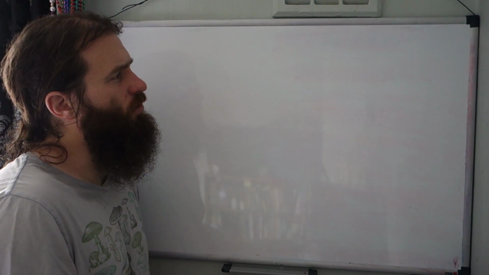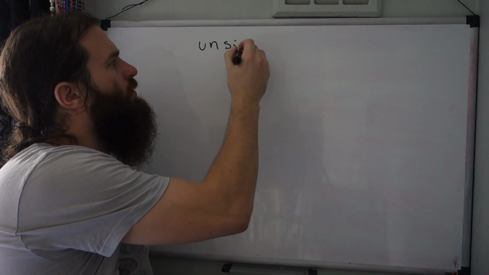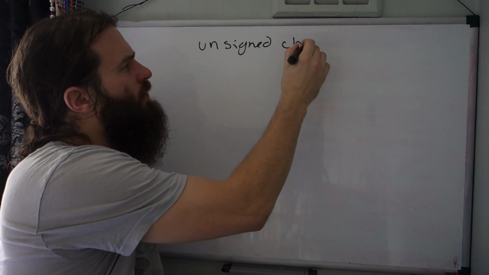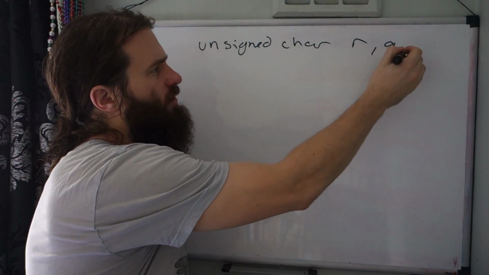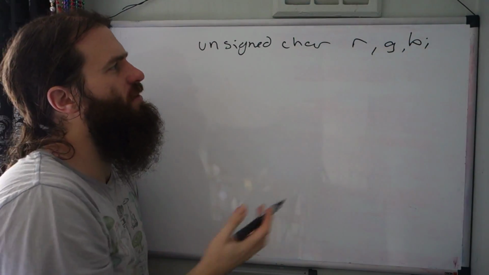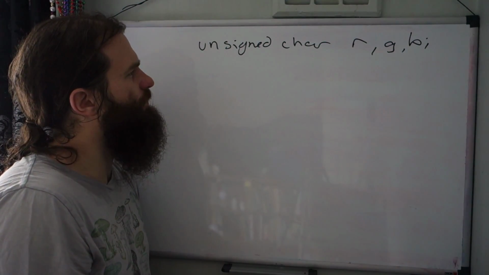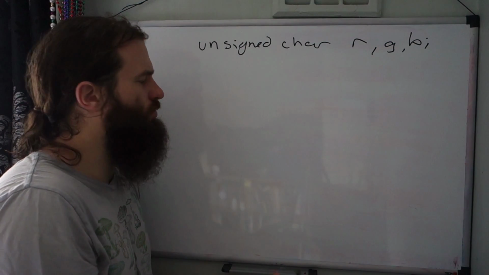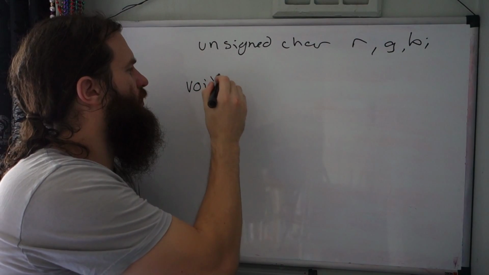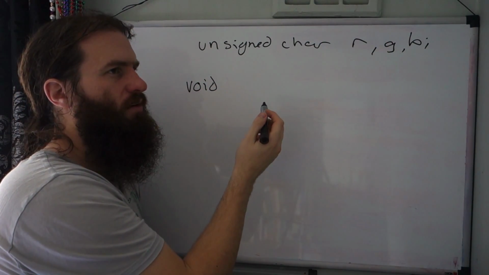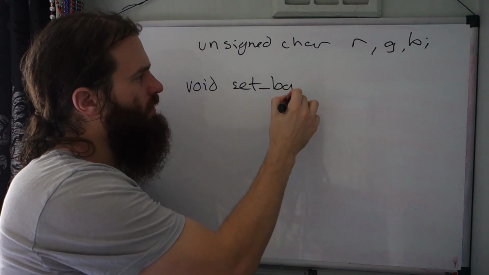Now what we could do, of course, is use something like an unsigned char, and we could say R, G and B, and declare these variables, and then pass these variables around. Then every function prototype would have to have something like, let's say, set background, so set BG.